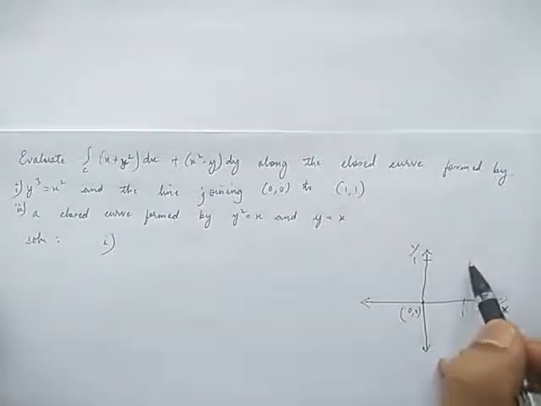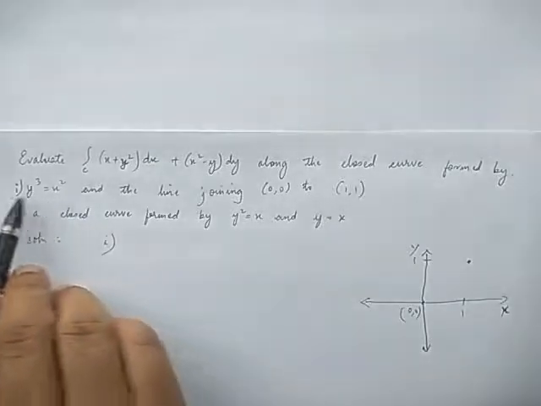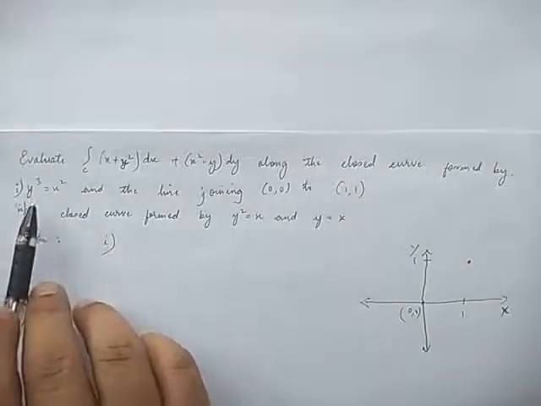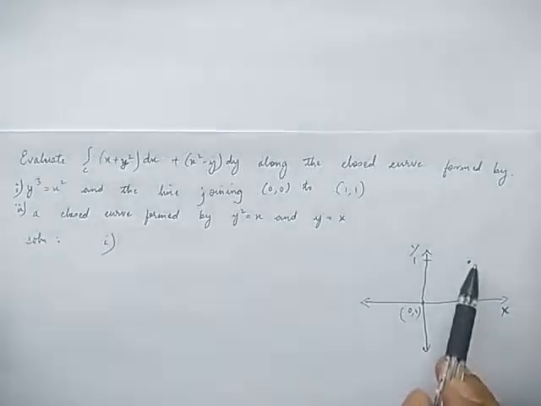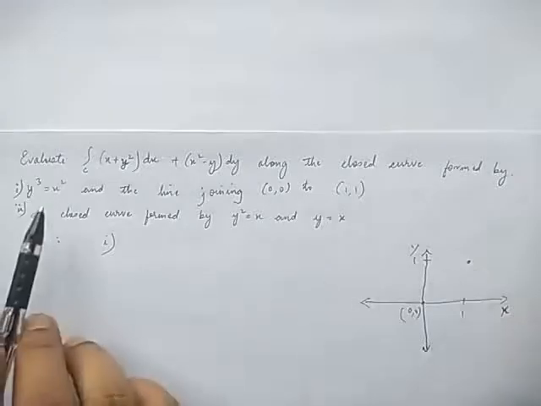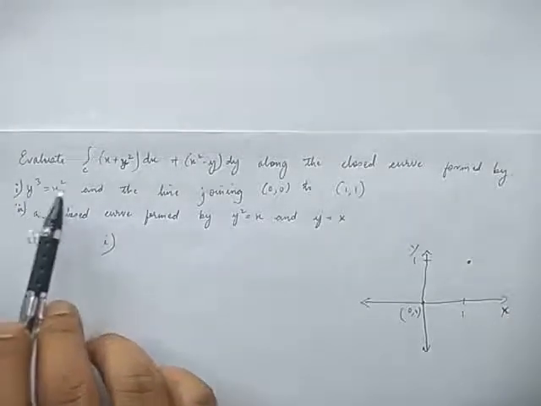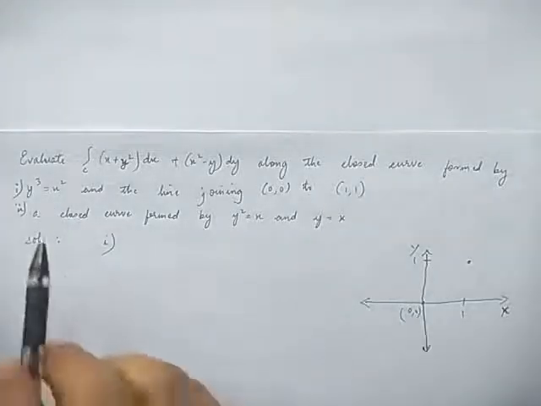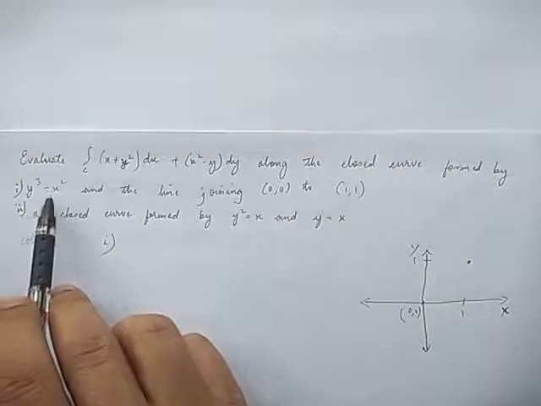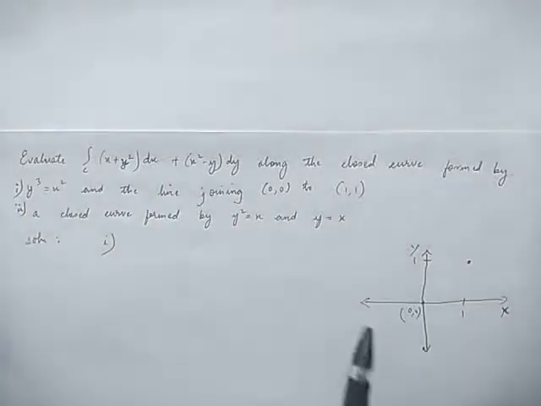The curve y cube equal to x square passes through 0, 0 and 1, 1, because both points satisfy this equation.